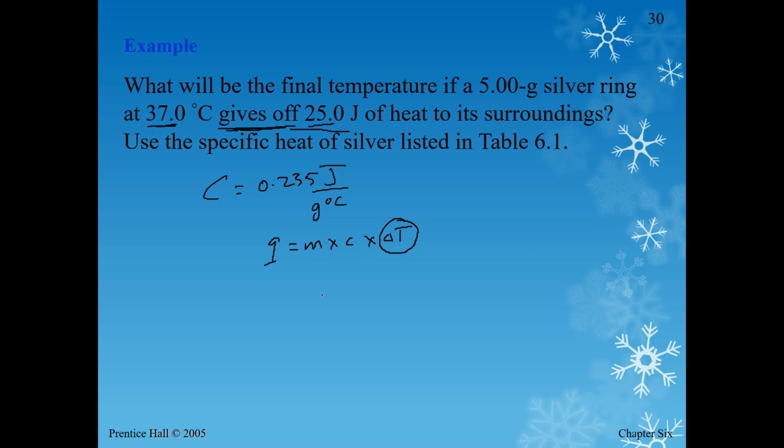So what I'll do is rearrange this to get delta T is equal to Q divided by M times C. Okay, so Q is equal to 25.0 joules divided by M, which is 5.00 grams, times the specific heat, which is 0.235 joules over gram degrees Celsius.